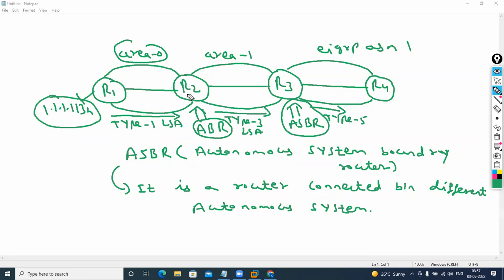How many DRs and how many BDRs? One BDR. Two DRs, one BDR. Any other answer?